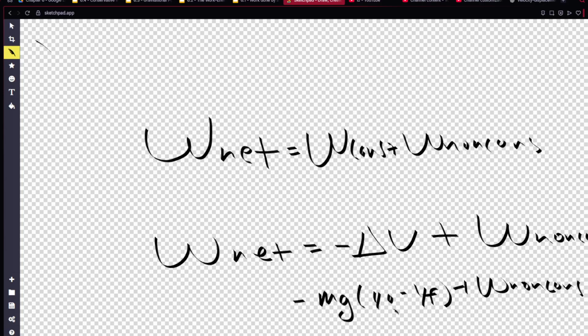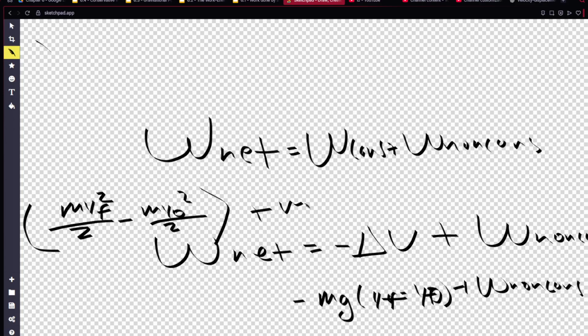Actually, this would probably be better, so we could just add it to the other side. So then, not mg, I guess it would be one half mv squared, and then plus mg(yf minus yo) equals W non-cons.